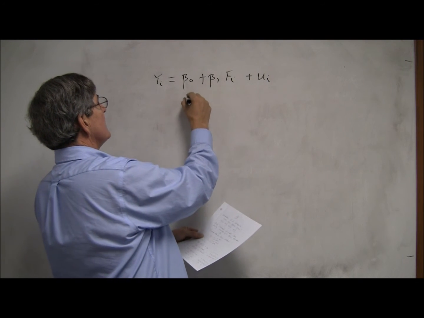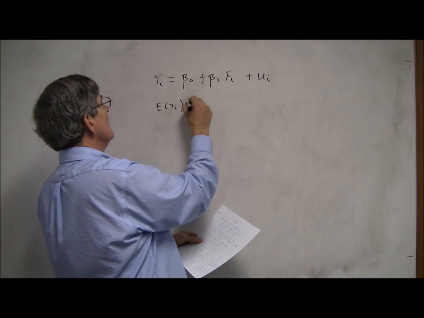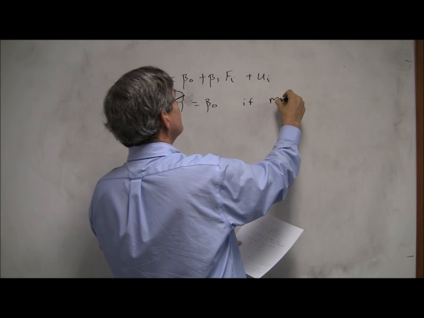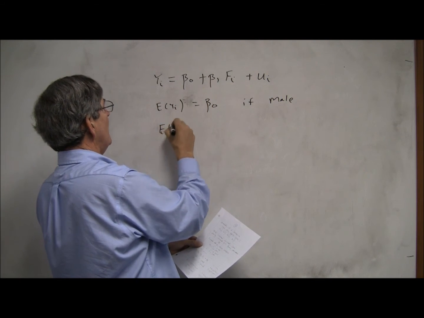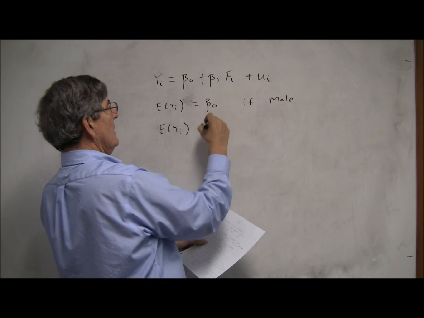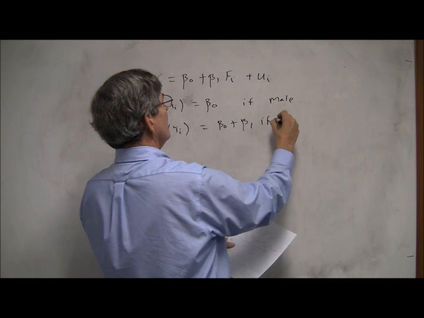And so if you look at this model, when you estimate, the expected value of yi equals beta naught if male. So beta naught's the baseline, and the expected value of yi, because if it's male, this is 0, equals beta 0 plus beta 1 if female.